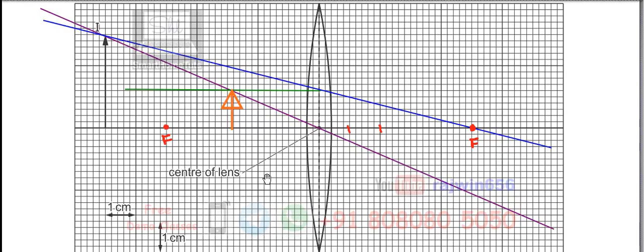Now, how do these rays travel? Okay. Now I'm taking over here. This is the position of the object. The green ray is traveling parallel to the principal axis. It has to pass through the focus, so that's why this blue ray is drawn. The second ray is the purple ray.